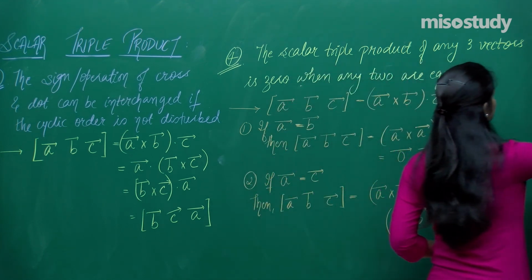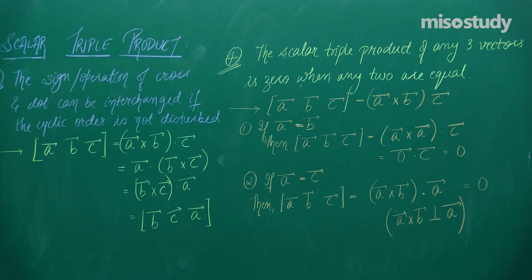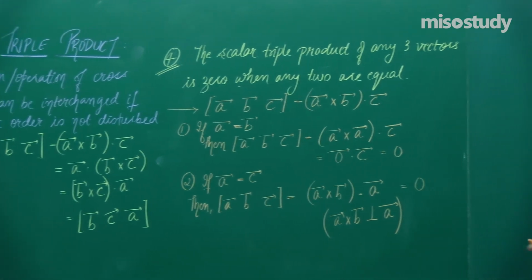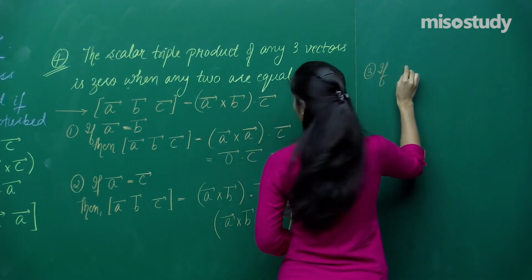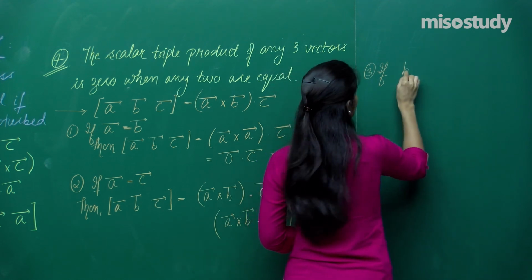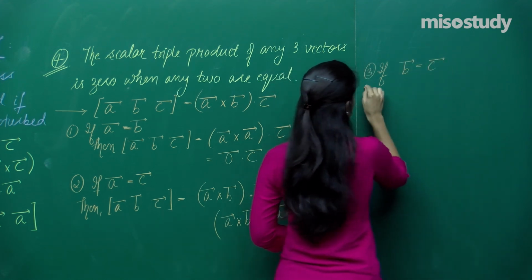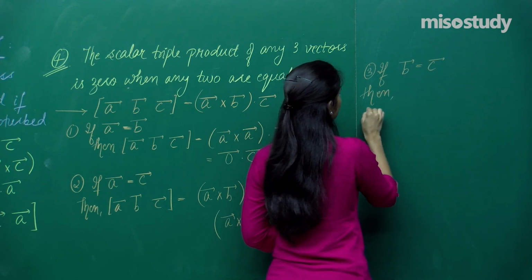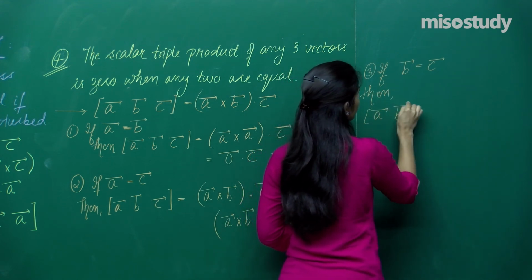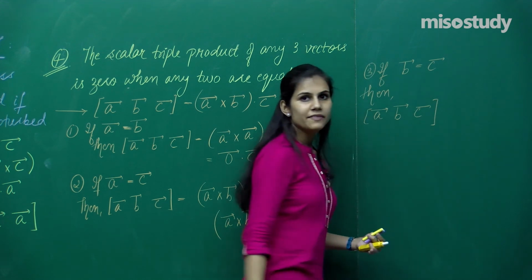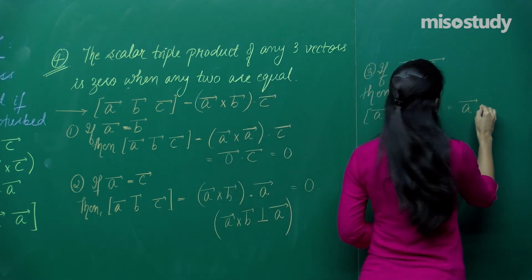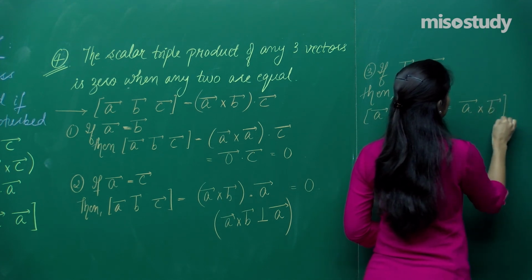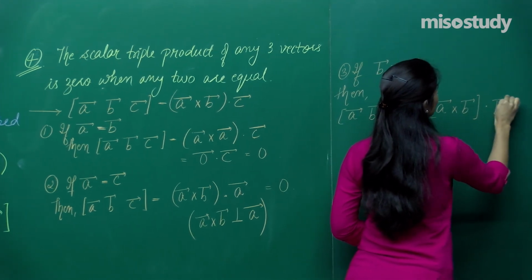Again, last case, if B vector is equal to C vector, then the scalar triple product of ABC is A vector cross B vector dot B vector.